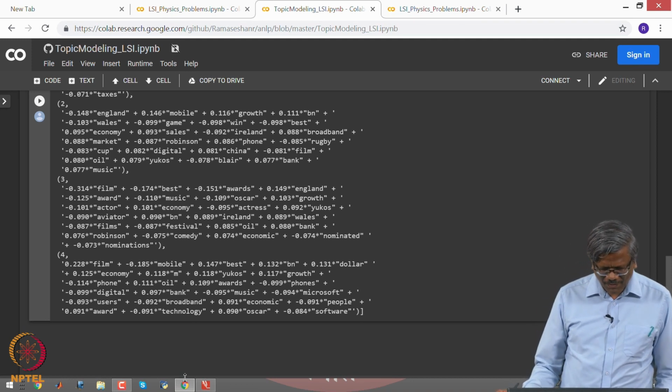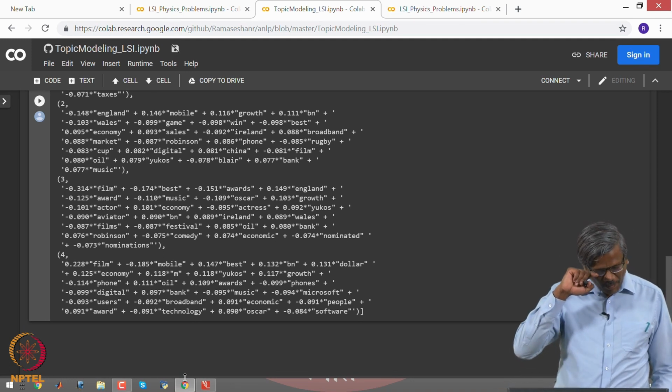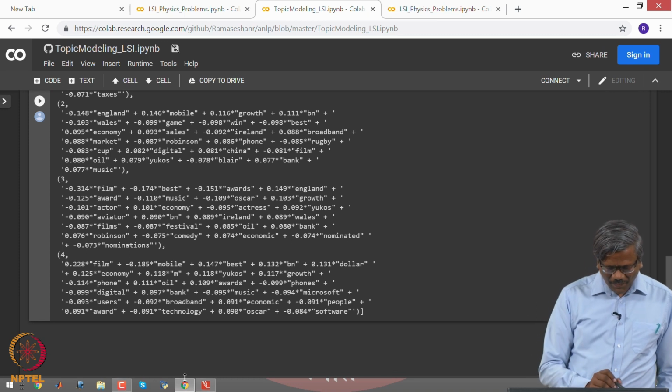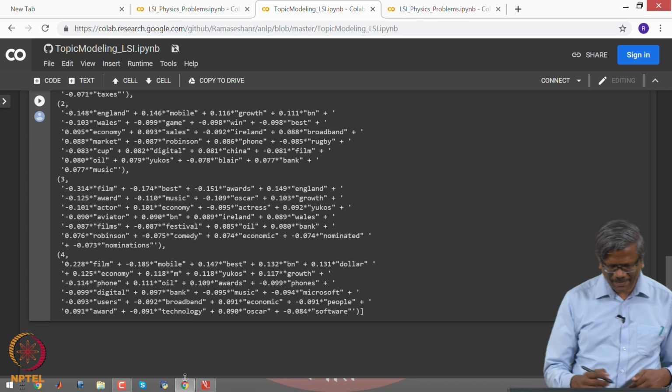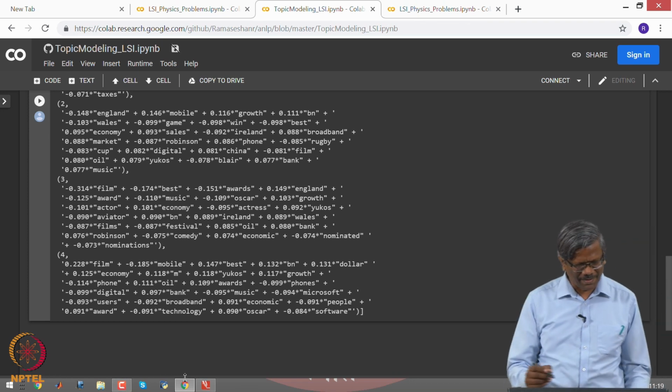Let's look at the third one. There is a growth, billion, sales, economy, island, broadband, market, phone, rugby, cup, digital. You can see even the sports related things are being mixed up in this, right?